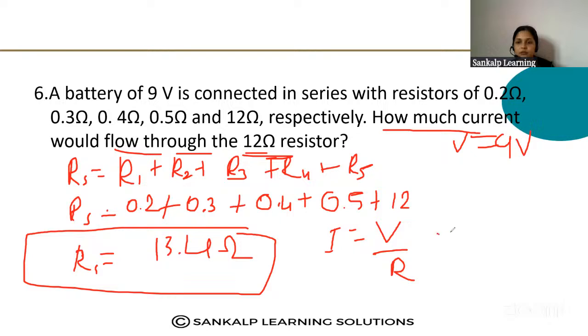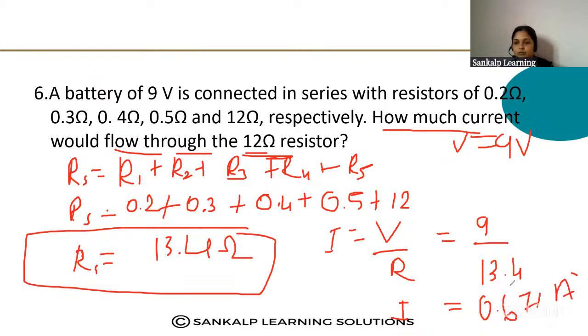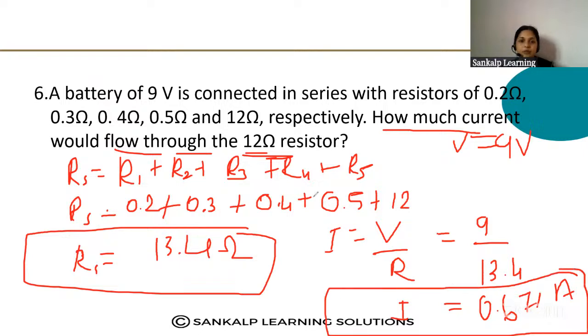So I is equal to 9 divided by R, where R is the total resistance, 13.4 ohm. So I is equal to 9 divided by 13.4, that is 0.671 ampere. So this is the answer. Please note down the answer.